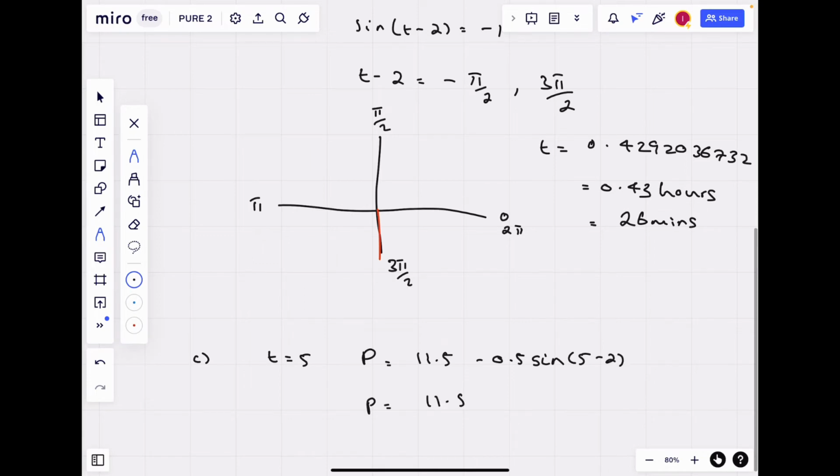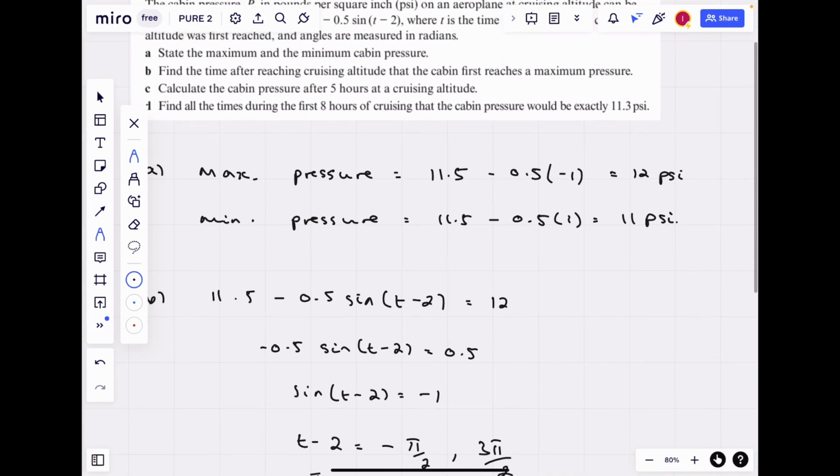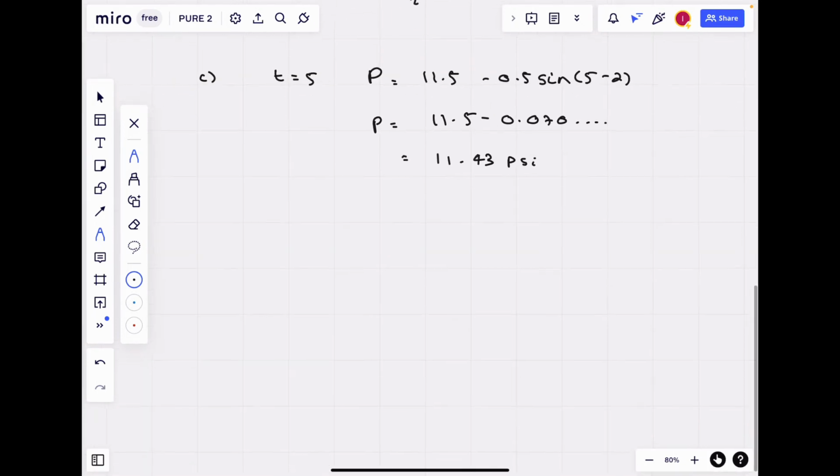So 11.5 minus 0.070, and so on, gives 11.43 psi. You just got to sub 5 in as t. The last one. Find all the times during the first 8 hours of cruising that the cabin pressure would be exactly 11.3.